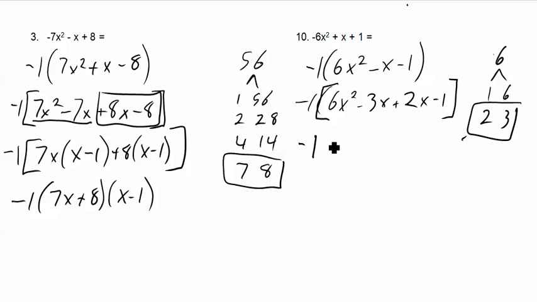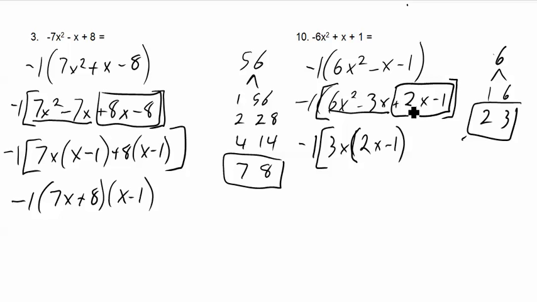So what can I factor out of these two? A 3x. 6 divided by 3 is 2. Take one of my x's. Negative 3 divided by 3 is negative 1. What do I need to do to 2x to get it to be 2x?